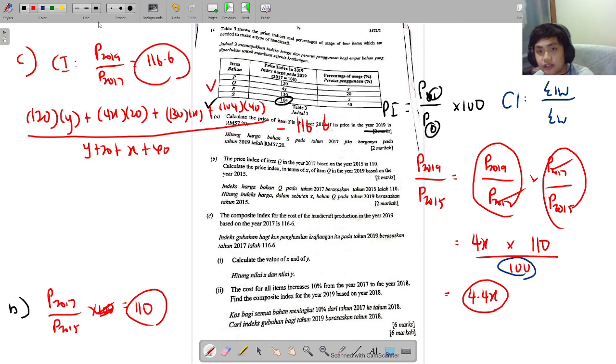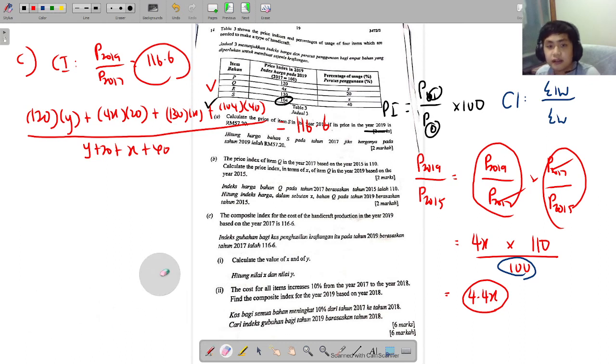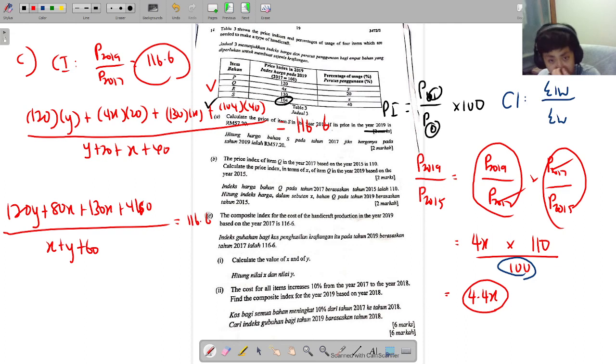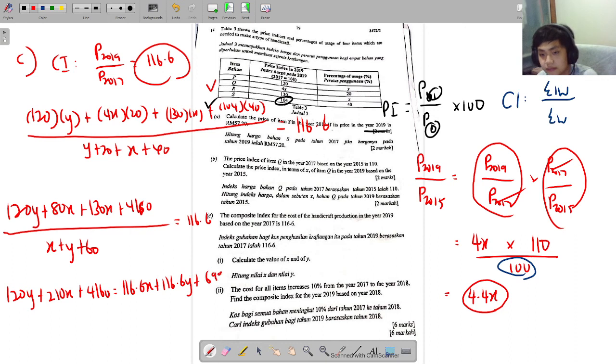There's not enough space here, so I'm just going to calculate it as quickly as I can. So this will be 120y plus 80x plus 130x plus 4160 over x plus y plus 60 equals 116.6. So I'm going to cross multiply, so it will be 120y plus 210x plus 4160 equals 116.6x plus 116.6y plus 6996.